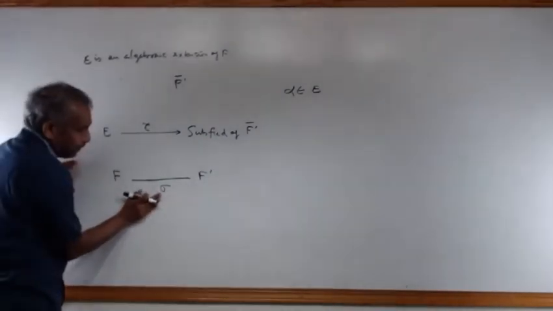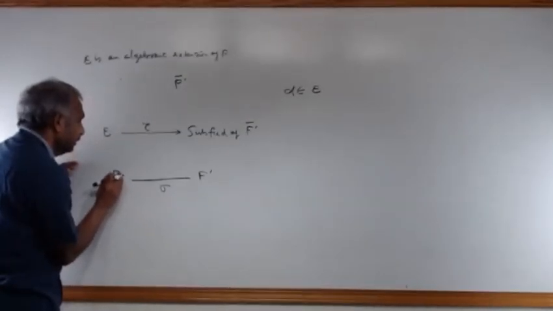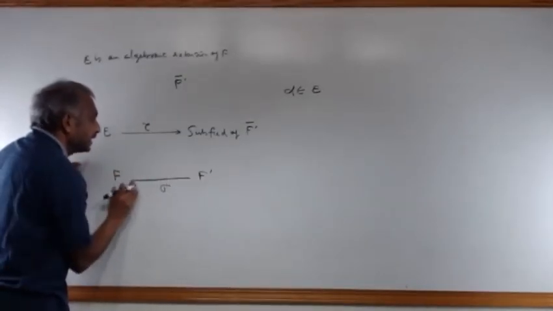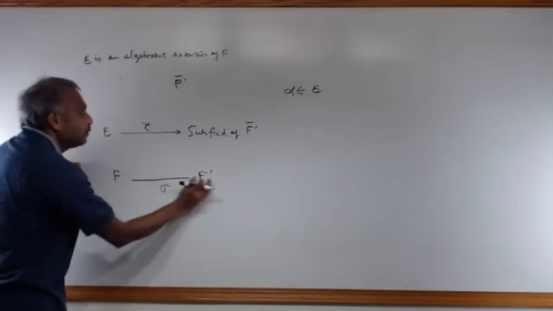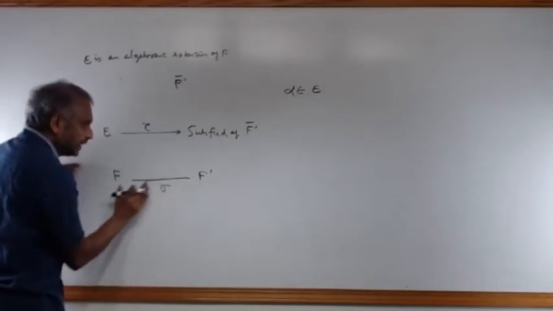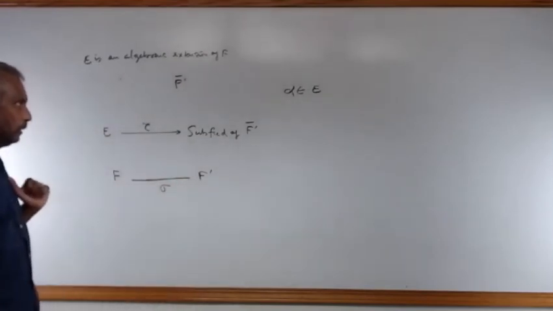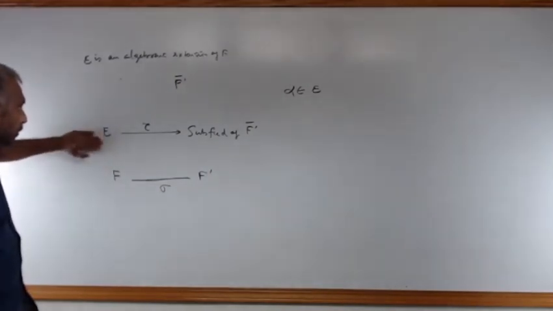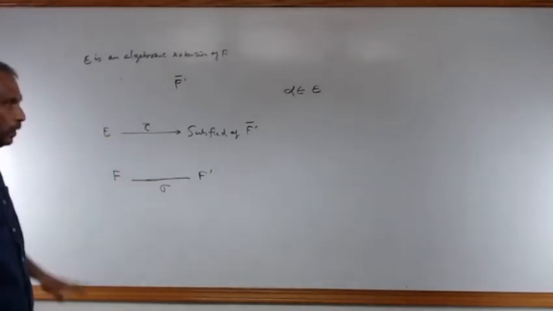This sigma is an isomorphism, meaning these two fields are exactly the same except for the names of the members. It works exactly the same. And alpha belongs to E, and alpha is algebraic.